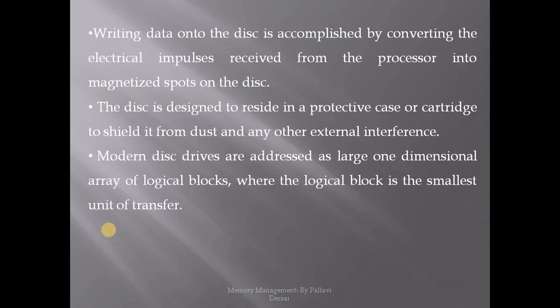The one-dimensional array of logical blocks is mapped onto the sectors of the disk sequentially. Sector 0 is the first sector of the first track on the outermost cylinder. In the diagram I have shown you what tracks and sectors are.